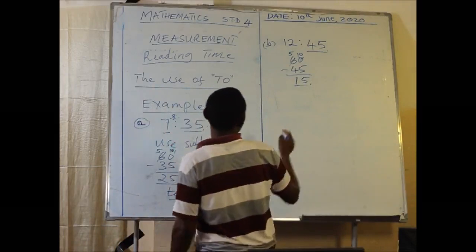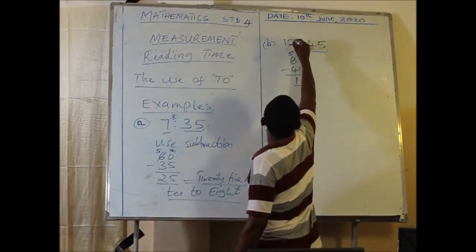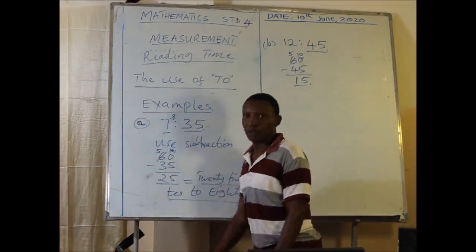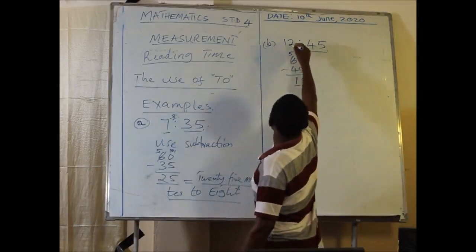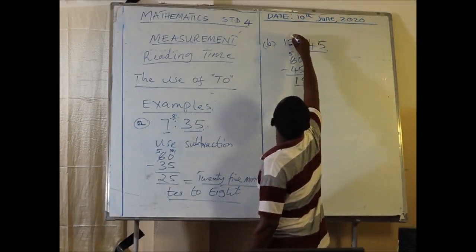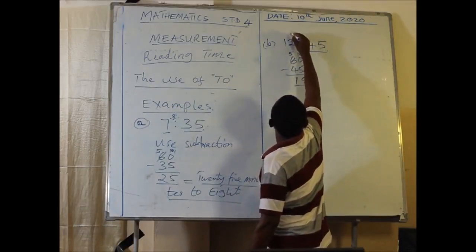So how can you tell the time? You consider the next time. This is 12, so you have to mention the next time, which should be 1.